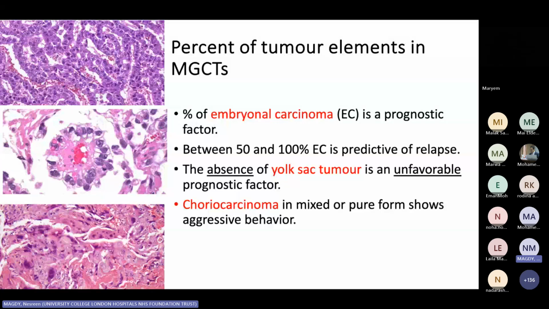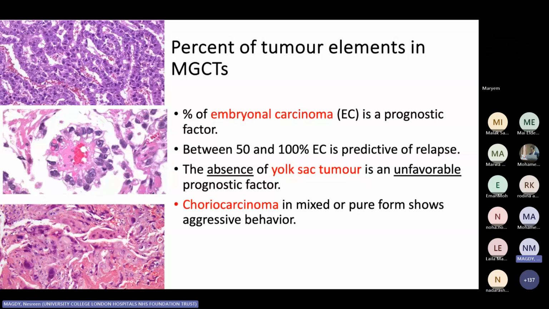So regarding the microscopic description, it's very important to mention the percentage of different tumor elements in mixed germ cell tumors, especially the embryonal carcinoma, because it is a very important prognostic factor, and it's found that the tumors that contain 50 to 100% component of embryonal carcinoma are very liable for tumor relapse.